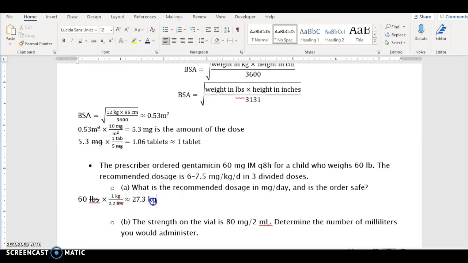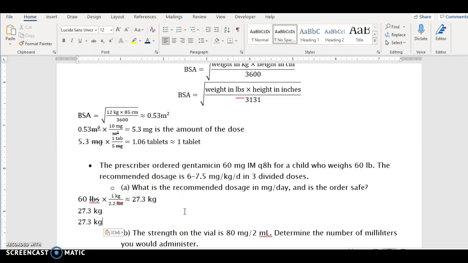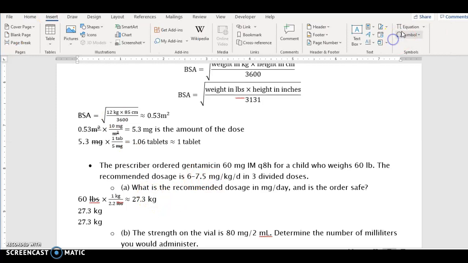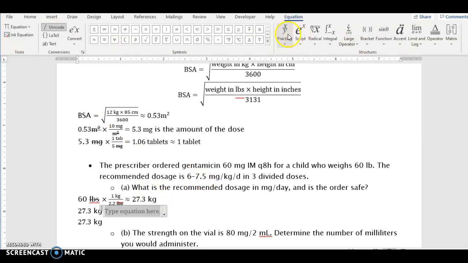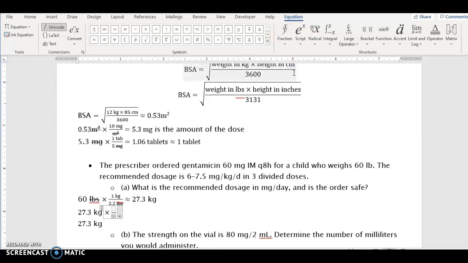Then we take the patient's weight in kilograms and use that to figure out the safe dosage range. So we're going to multiply by 6 milligrams per kilogram.